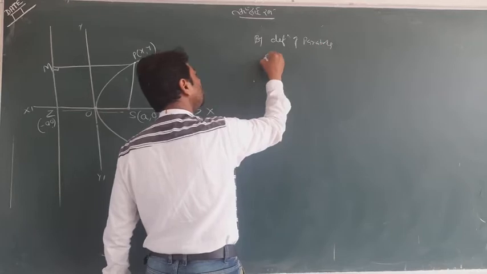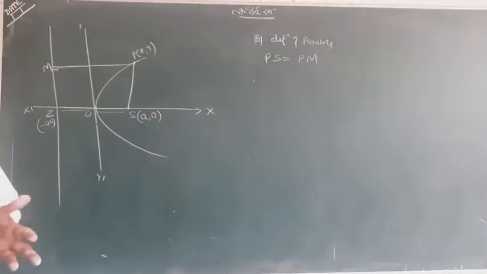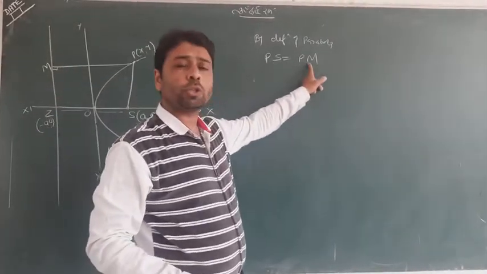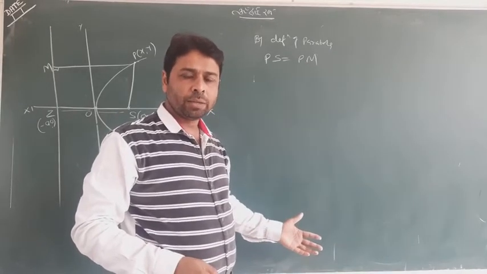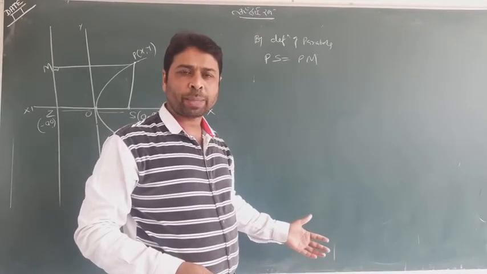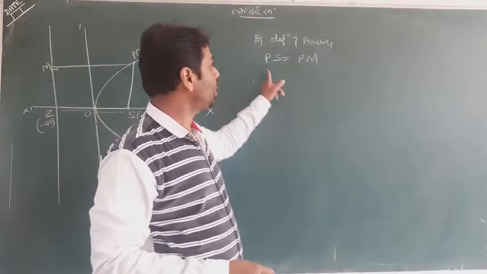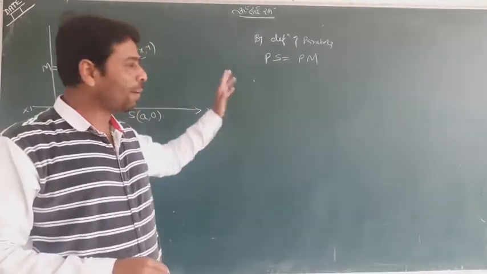We know PS equals PM. You should not be surprised. Recently we saw the definition of a parabola, that PS upon PM is e, which is always 1, so PS equals PM. So PS equal to PM is the definition of a parabola, and now I will put in the values.